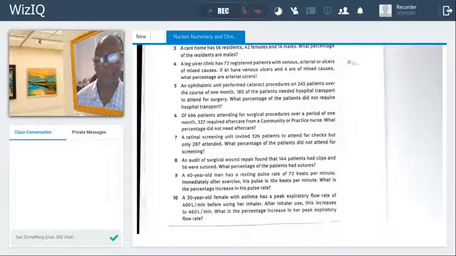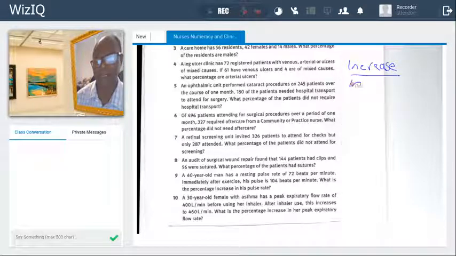I'm not going to give up. So increase over initial times 100 over 1.